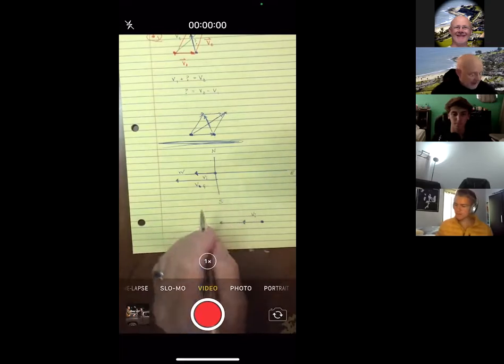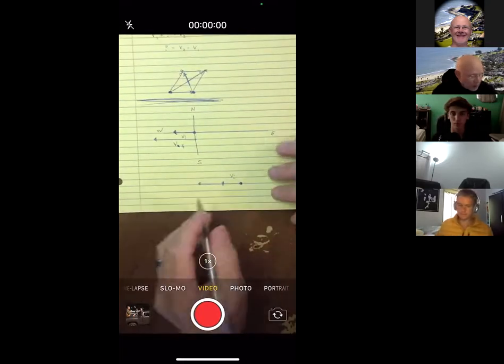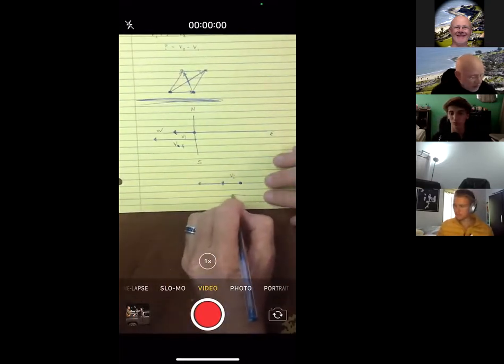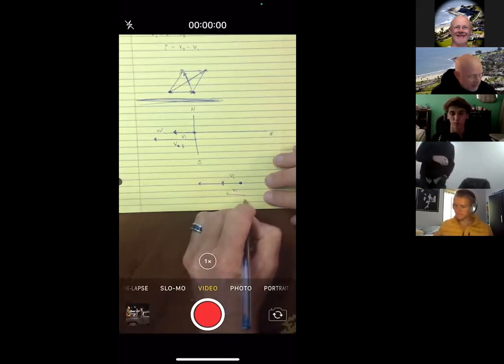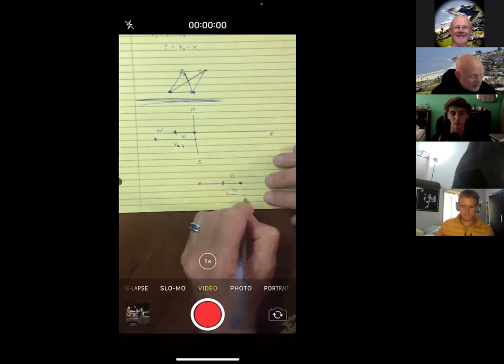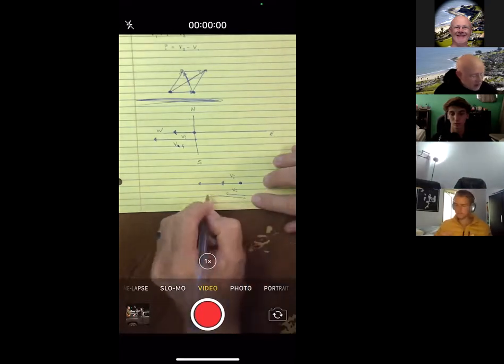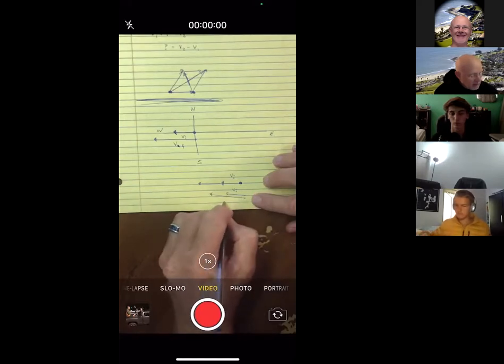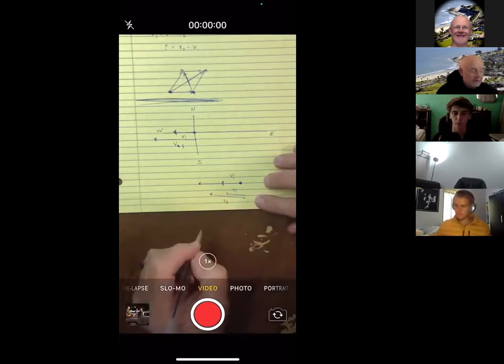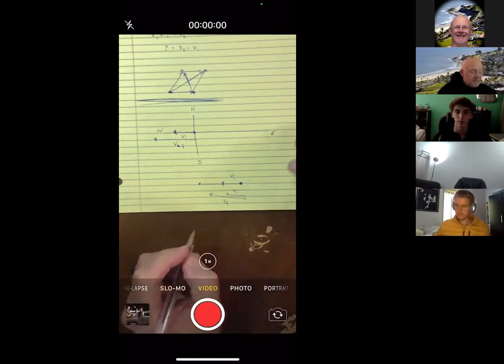So let me redraw. Okay, so here is initial, and maybe right next to it, I will draw final. Okay.